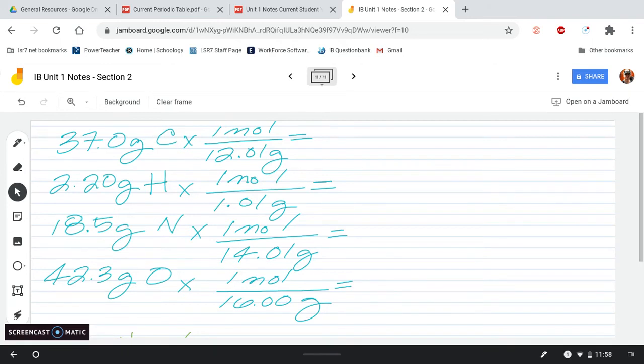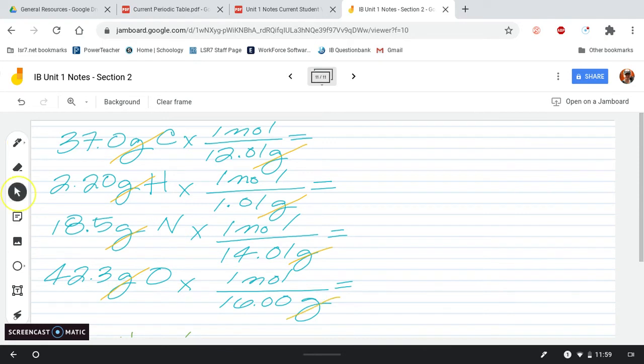I've got this set up where all of these chemicals are being converted into moles. The carbon, the hydrogen, the nitrogen, we're converting them all over. If you look, we can cancel out the grams on all of these, top and bottom, and that's going to give us what we want, which is moles.